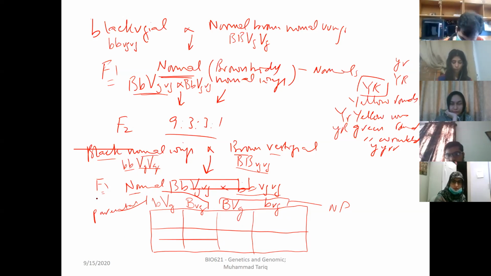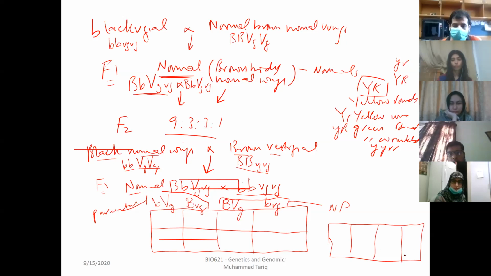What do you expect according to Mendel? Let's also write down Mendel here. Let's say the parentals in the case of Mendel were yellow round and green wrinkled, so the non-parentals will be yellow wrinkled and so on. According to Mendel, what is the ratio of each one of them?